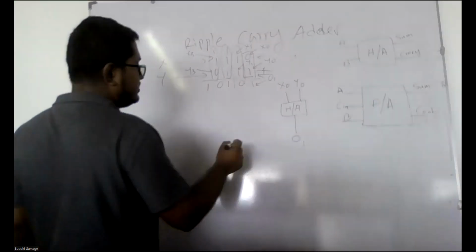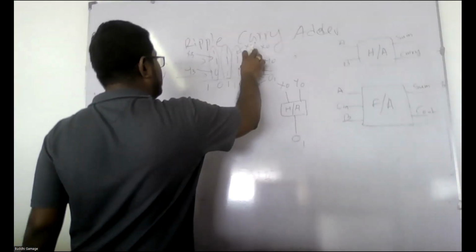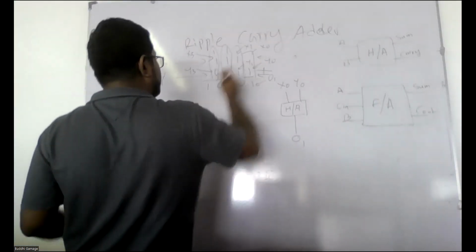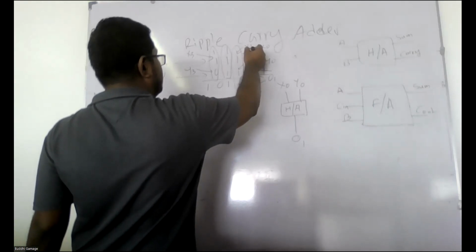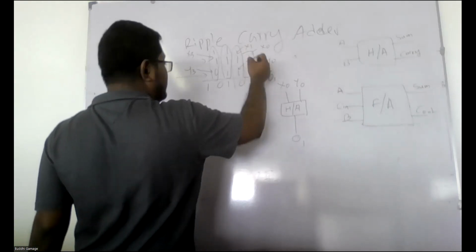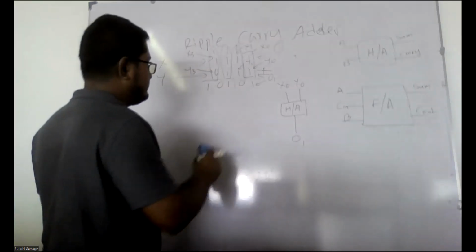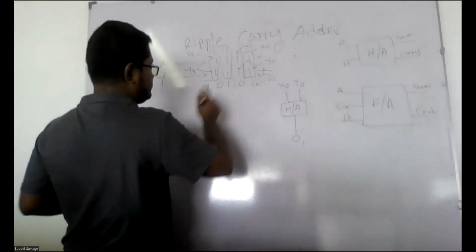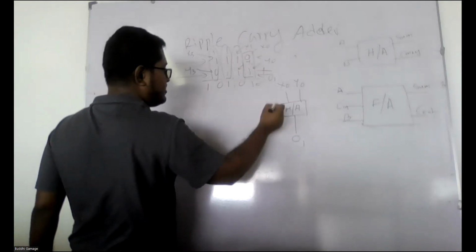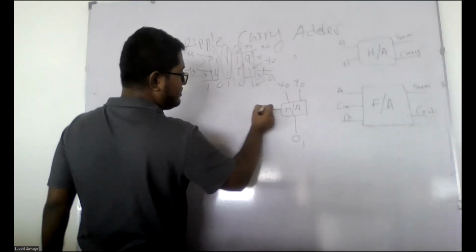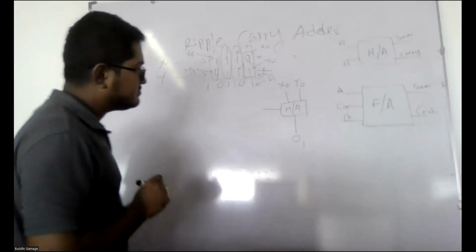Right? And if we consider this, there is a 1 here also. Then 1, 1, it is 0, output is 0, and there will be a carry forward, right? So in that case, there should be a carry forward bit as well.